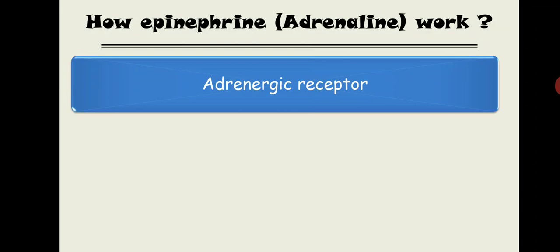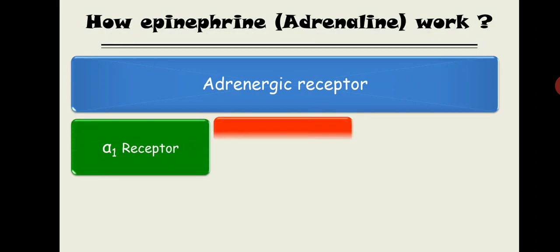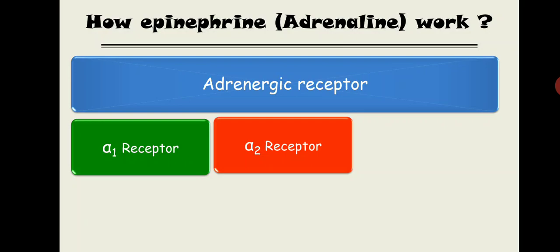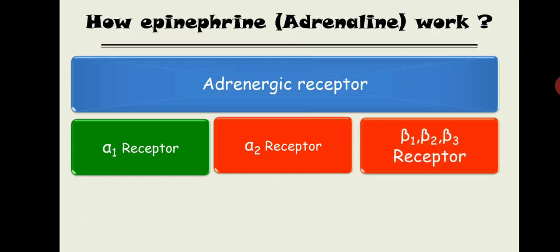Again, alpha is subdivided into alpha 1 and alpha 2 receptors, and beta is subdivided into beta 1, beta 2 and beta 3 receptors. So basically adrenaline will work via 5 different receptors, producing three different types of action.